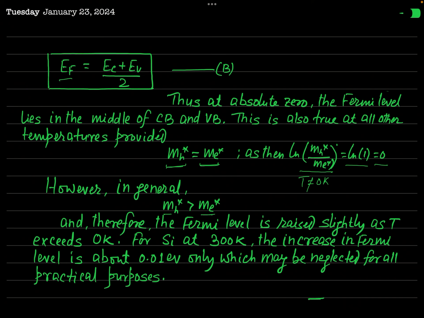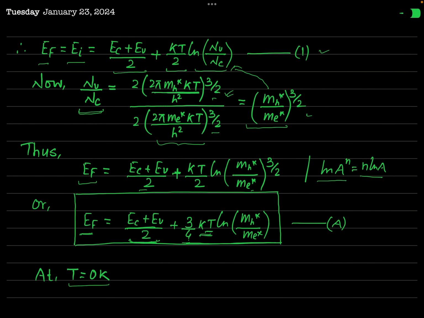And if MH star is greater than ME star, then the log of MH star over ME star cannot be equal to 0, but will be greater than 0, that is, positive. And if it is positive, then due to the presence of this non-zero second term, with increase in temperature T, the Fermi level will increase, the value of EF will increase.